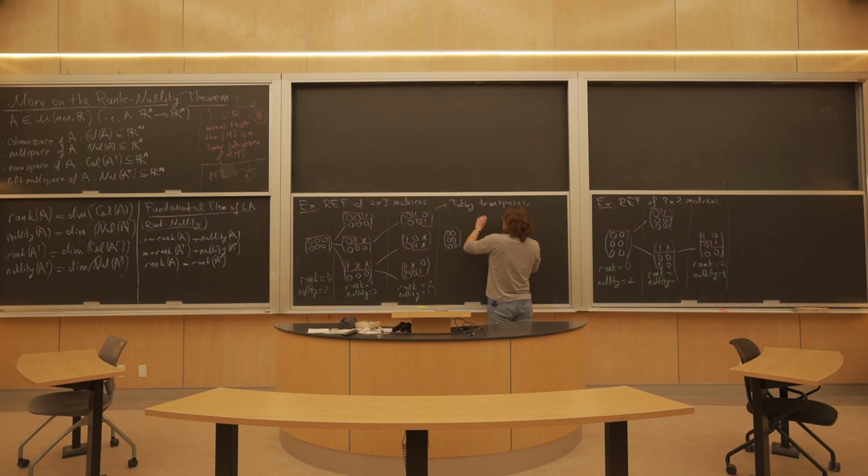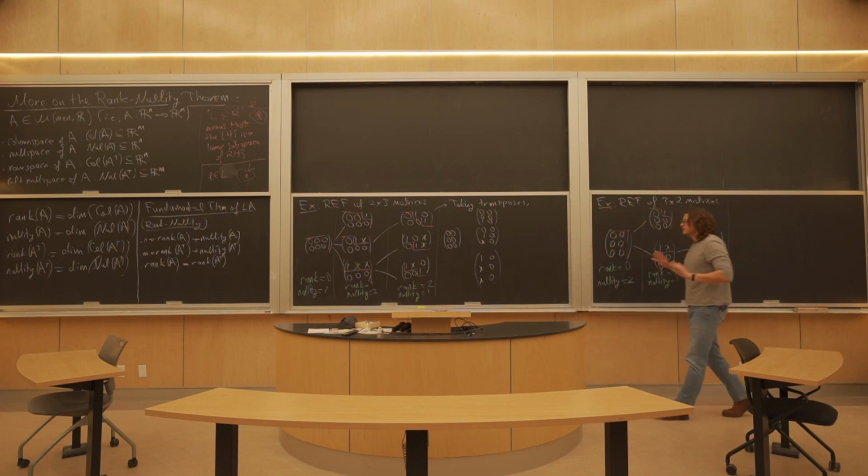Okay, and then this is this. You see, this is not row reduced anymore. We have this. And recall that in our notation, the star means it's a number, but you don't know what it is.